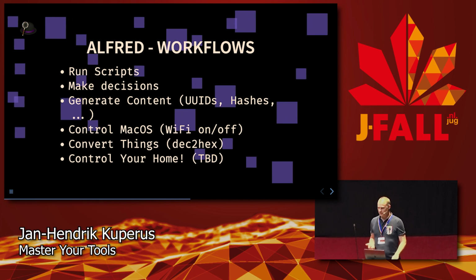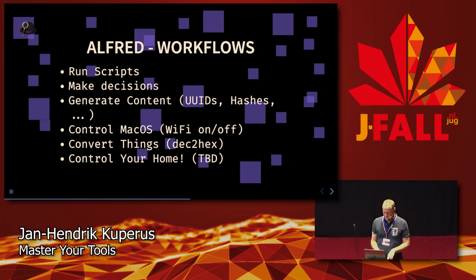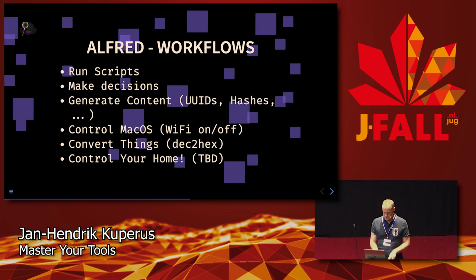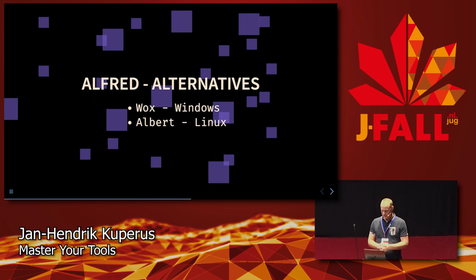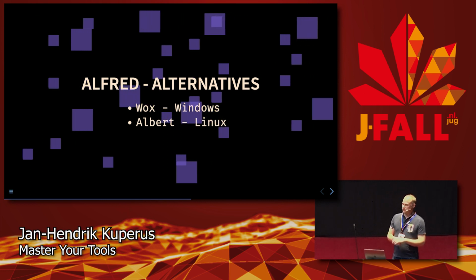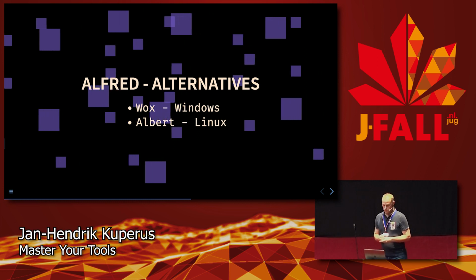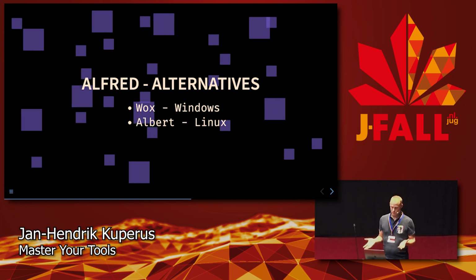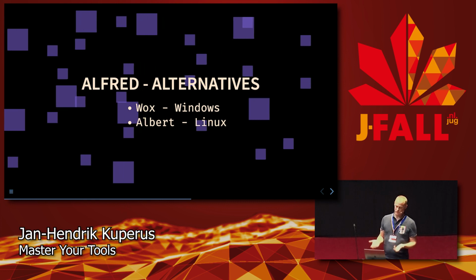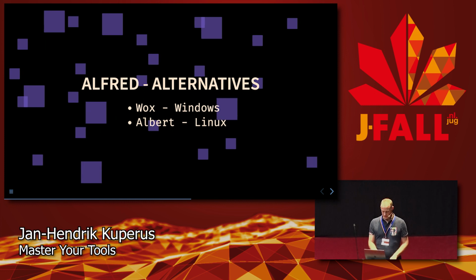I still haven't found something to do with it other than just control lights from here, but I can't control them from here either, so it's not very difficult. So I've been looking for what alternatives to Alfred are if you're not using a Mac, and apparently there's just 2 clones. Albert is almost a clone of Alfred, but for Linux, and Wox is the same for Windows. So you're not tied to Mac if you want to use something like this.